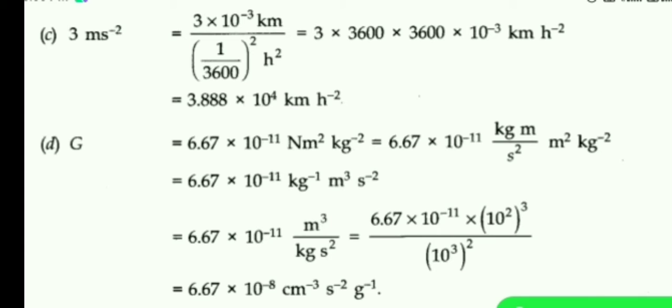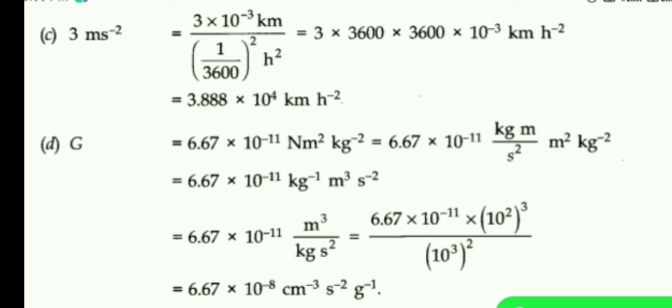So this will be 3 into 10 to the power minus 3 kilometer upon 1 upon 3600 square hour square. That will be equal to 3 into 3600 into 3600 into 10 to the power minus 3 kilometer per hour square.